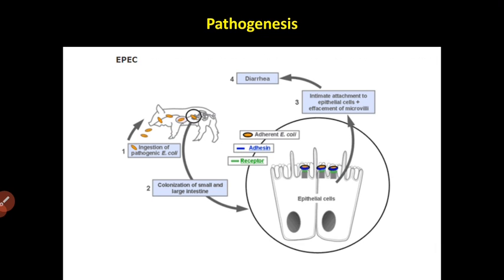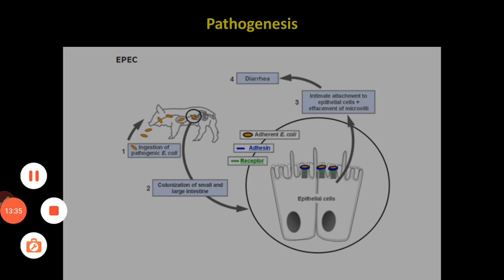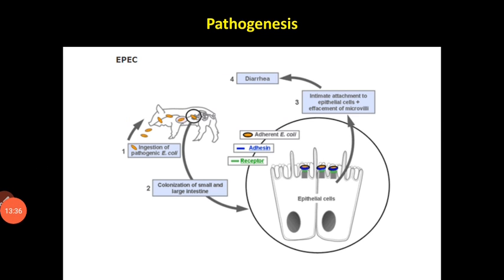Next, EPEC. Now what is EPEC? Can you tell me? It is enteropathogenic E. coli, EPEC. Now here you can see the same image, but there's a difference where colonization occurs in the small and the large intestine.